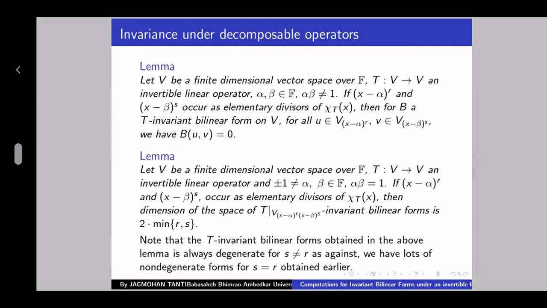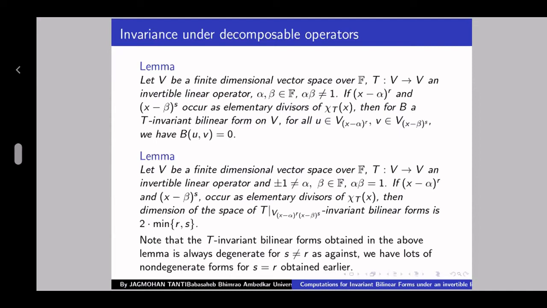Which blocks will be 0? So if V is a finite dimensional vector space, T an invertible linear operator, and alpha, beta different from plus minus 1, and alpha times beta equals 1. In the above lemma, we had taken alpha beta not equal to 1. Here we are taking alpha, beta different from plus minus 1, but alpha times beta equals 1.